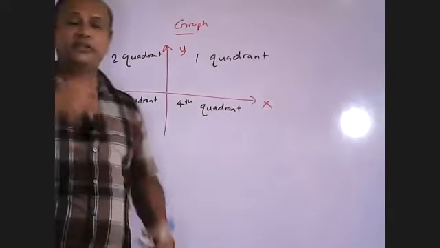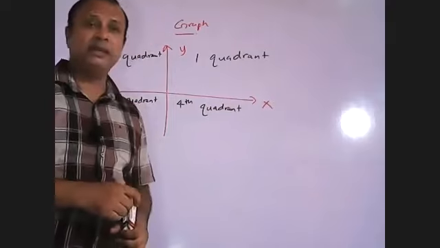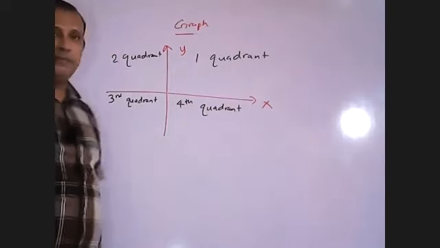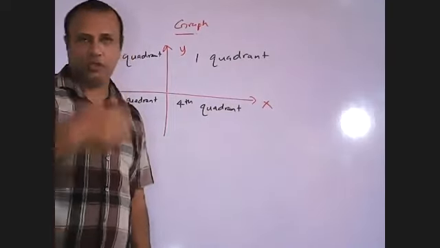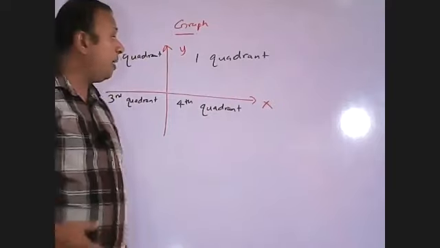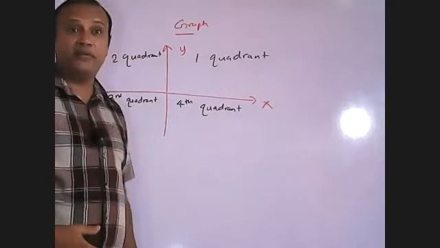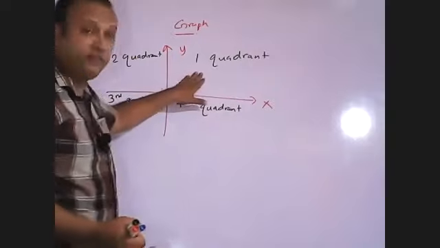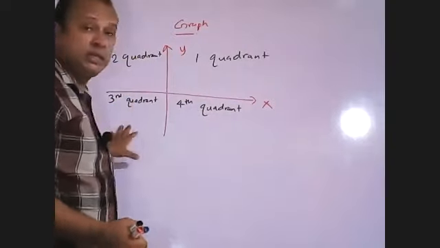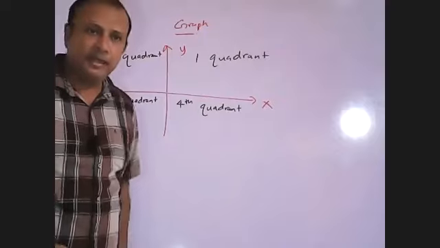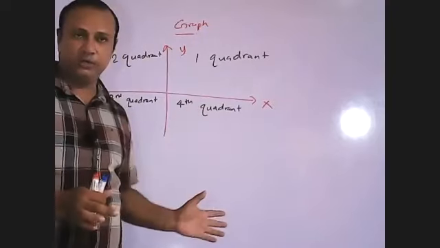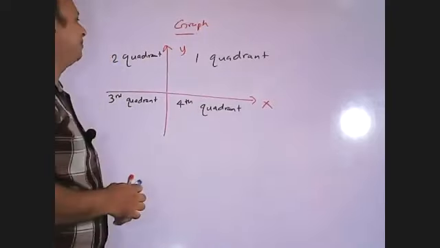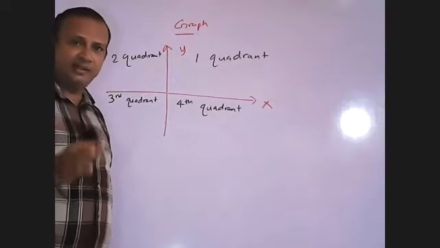So the first thing you have to determine is the location. The location means where you are going to draw this graph: whether it is in the first quadrant, second quadrant, third quadrant or fourth quadrant. You have to decide that first.